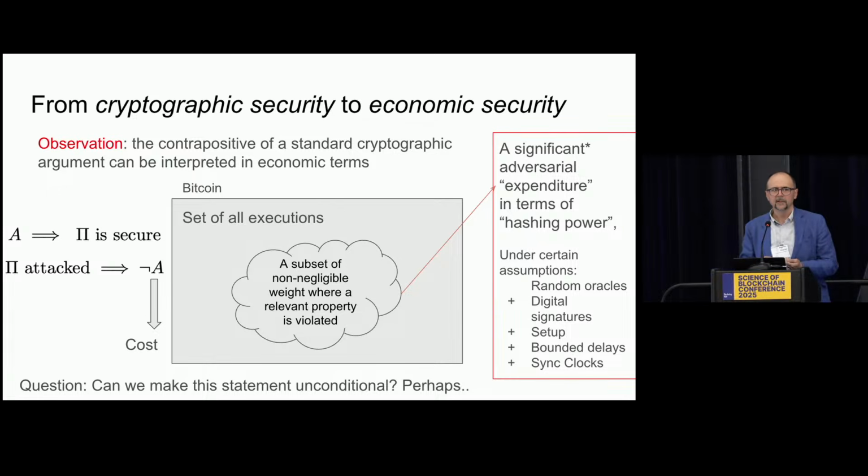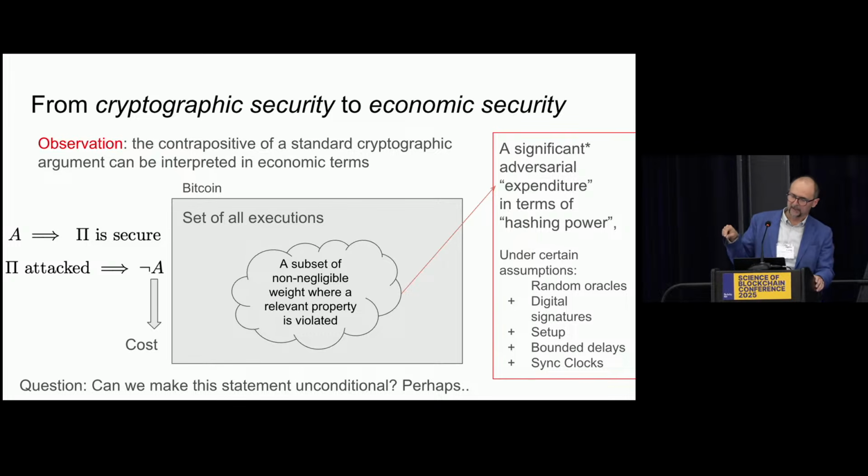The point is that the contrapositive statement, we may be able to interpret in economic terms. So what's the contrapositive? If some assumptions imply that the protocol is secure, it holds then that if the protocol is attacked, then some of the assumptions fail. And this is where we might attempt an economic interpretation.